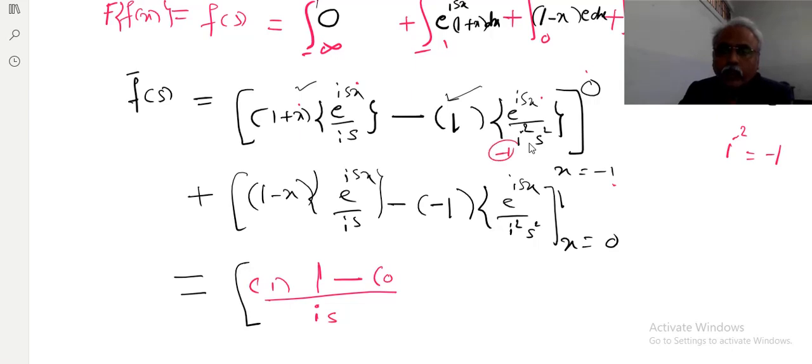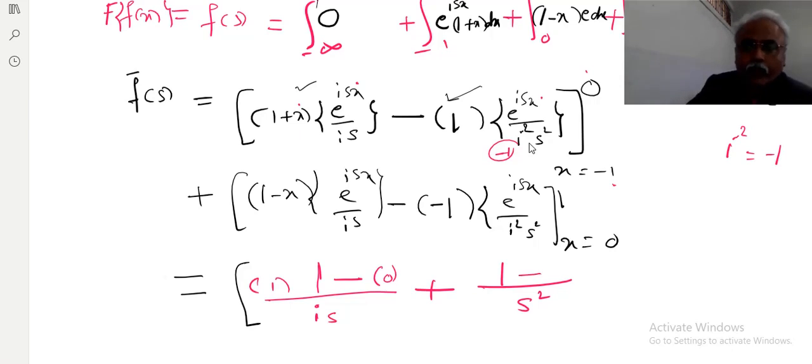This minus 1 and this minus 1 together make a plus. Now for x equal to 0, the upper limit, we keep the denominator as it is, because i squared equals minus 1 is already consumed here: e raised to 0 is 1, minus the lower limit, x equal to minus 1, e raised to minus is.